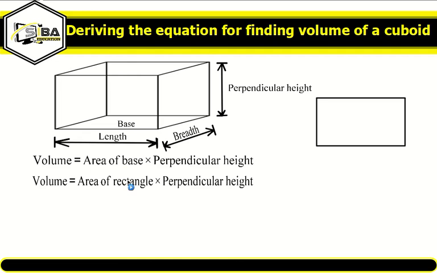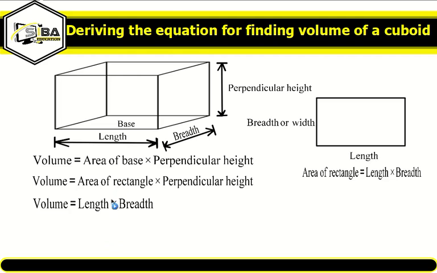Now, we also revised that the area of a rectangle is given by multiplying the length by the breadth. So we can also replace the area of rectangle here by length times breadth. Then we multiply by the perpendicular height to get the volume of the cuboid.